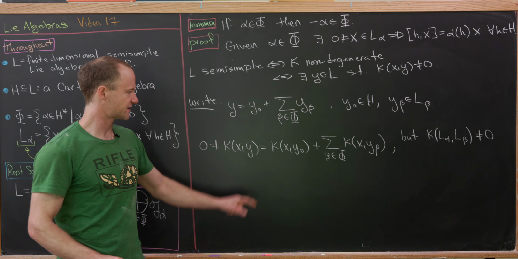Okay, but now what we'll do is play around with the Killing form again. So let's do kappa of t with the bracket of x with y and see what we get.